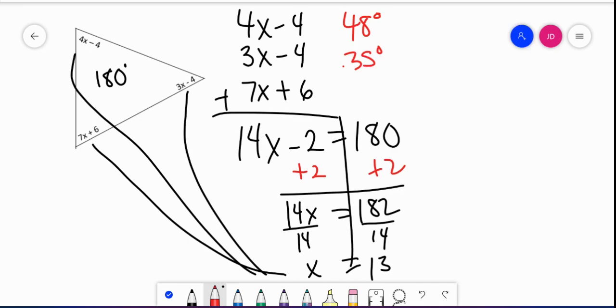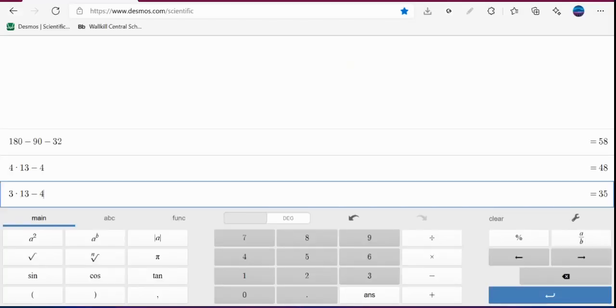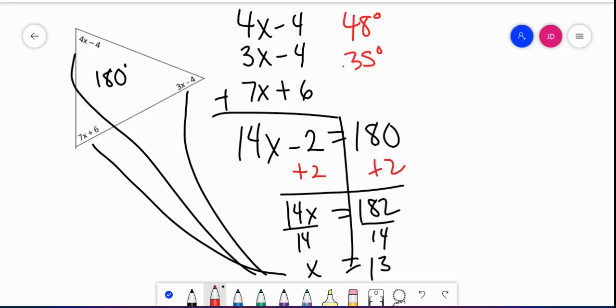And 7 times 13 plus 6 is 97. And all three of these add up to 180 degrees. So that's a good way to check your answer at the end.